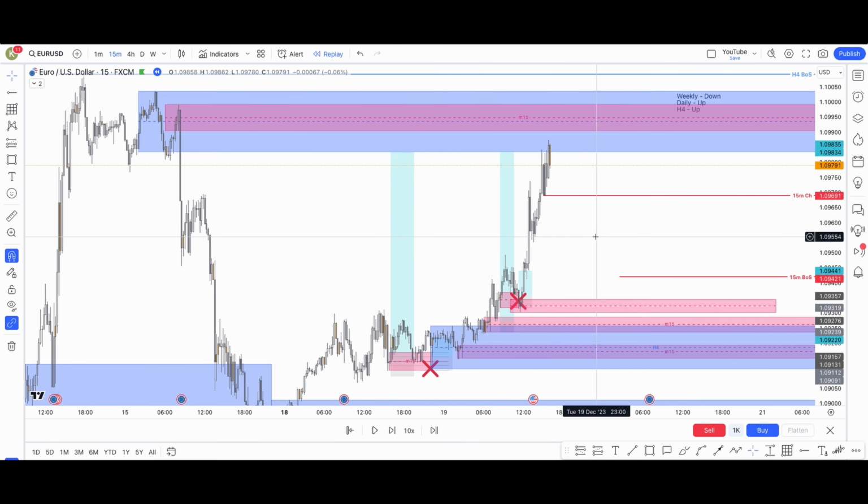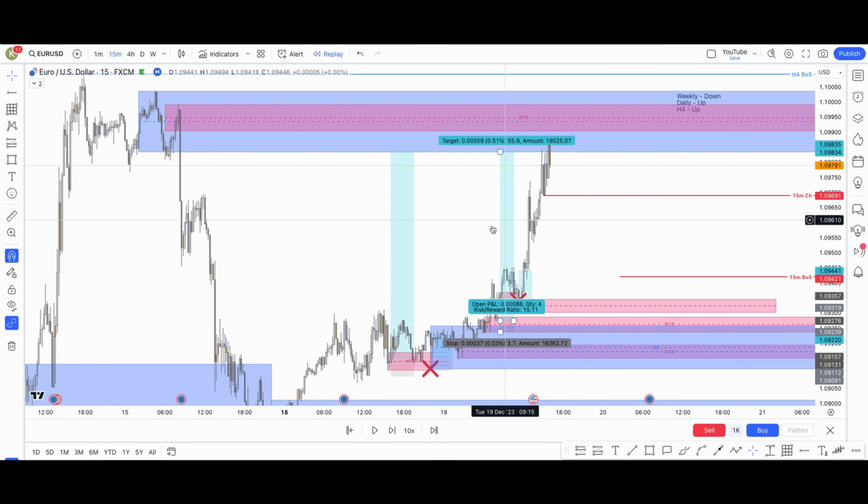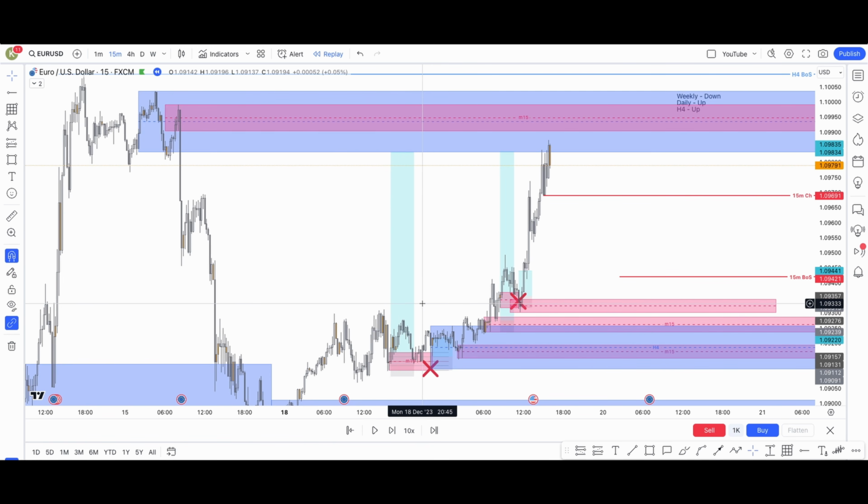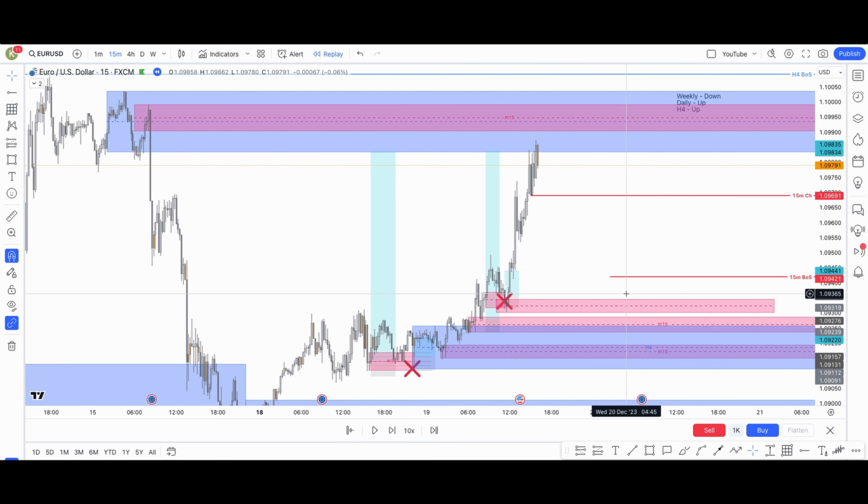So a daily rebalance. I don't want to mess about with jumping back too far in time, but I'm going to have to look at where the day got to. We might get to it pretty soon, but the previous day, oh my days, what have I done here? So that's the daily right here, and there is an order block on it, which is this one. Okay, cool.